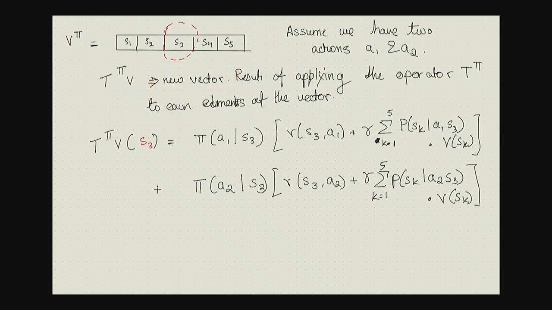And one entry of that vector, so let's say the third entry, is going to be computed as this formula, where I've just taken the formula for the Bellman equation and applied it to the third entry, S3. And so that's what it means to take the Bellman backup operator and apply it to the value function vector.